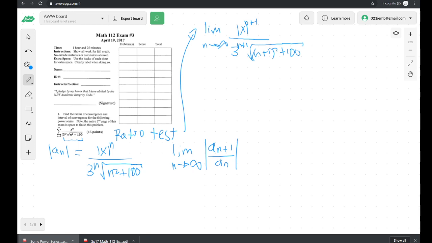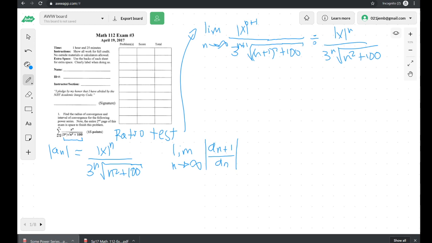All right, so far so good. And then we're going to divide by a sub n, which means multiplying by its reciprocal. So if we divide by the absolute value of x to the power of n divided by 3 to the n times the square root of n squared plus 100, it's essentially multiplying by the reciprocal.